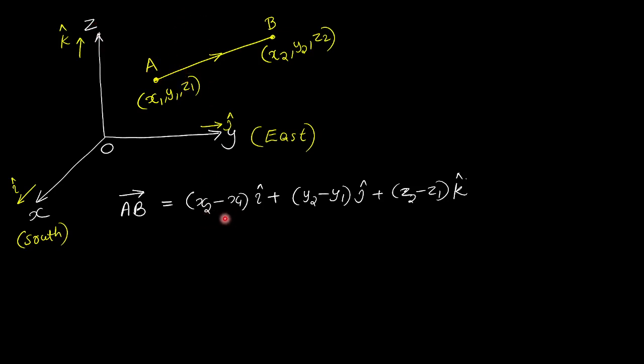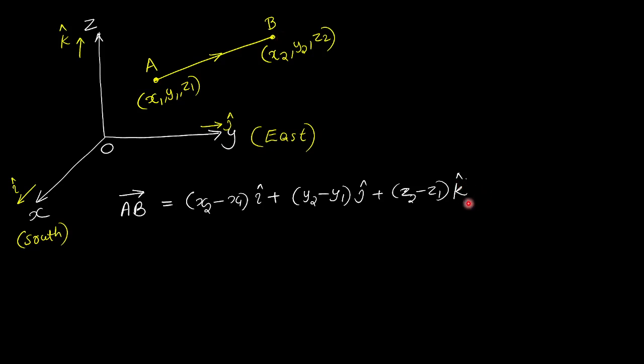So x2 minus x1 means that as the helicopter moves from A to B, it travels x2 minus x1 distance along the i direction, in the south direction. In the j direction, the east direction, it moved y2 minus y1 distance.